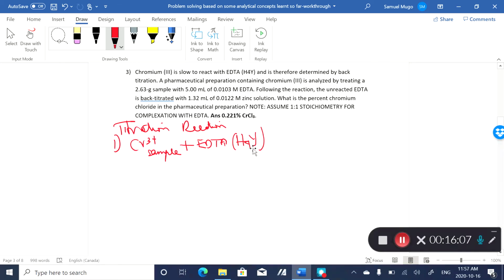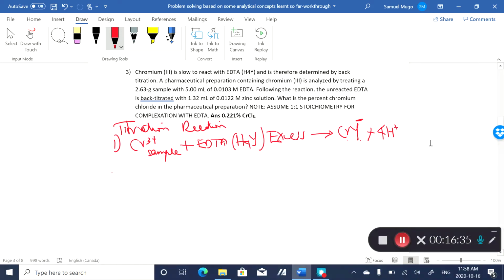Okay, and you can see that it is in excess, so we add this in excess, and the product would be CrY-, a complex of EDTA and chromium. It's a complexometric equilibrium, and you're getting the acid as a spectator there.